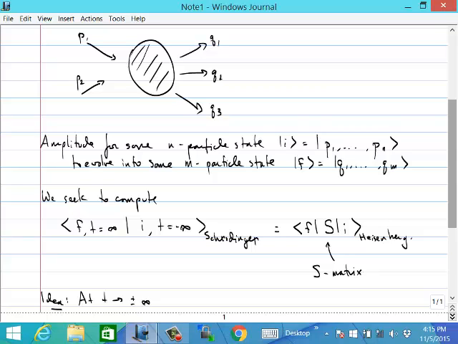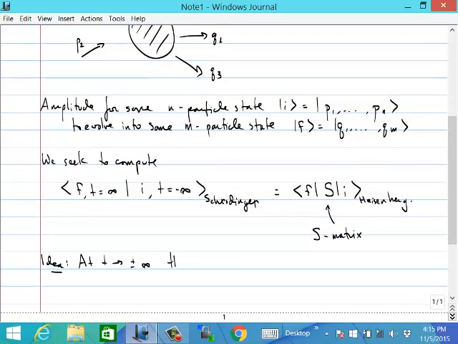And likewise, in the far future, the three particles that I've written will be widely separated as well. And if you have some sort of interaction whose strength falls off with distance, then at very early or very late times, when the particles are widely separated, we can essentially ignore the interactions. So at early and late times, the particles are widely separated. So that means we can just ignore interactions.